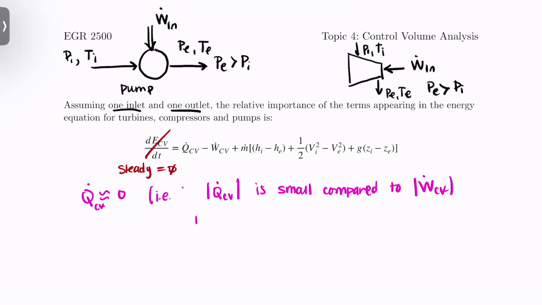But obviously include Q dot terms if told to do so. If you're not told, then you can assume the Q dot's small, okay? What about W dot? Can we get rid of that? No, right? So that's pretty important.